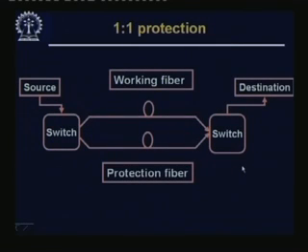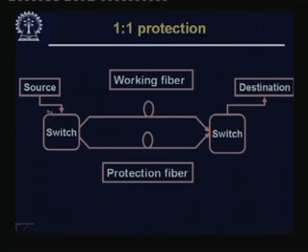Now, we come to shared mode protection. In the shared mode, the figure looks almost the same, except you note that the splitter on the left has been replaced by a switch. So, we have a working fiber and we have a protection fiber. Unlike the 1+1 protection, this is not a hot standby, this is cold, in the sense that the protection fiber to start with is not carrying any signal.